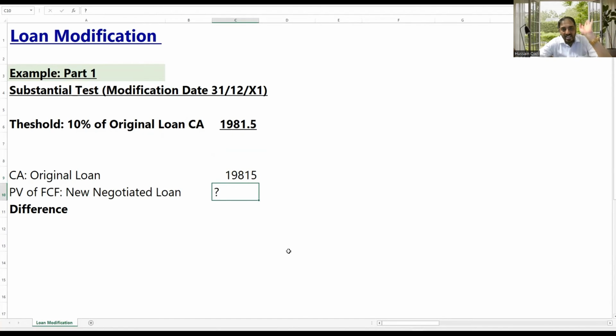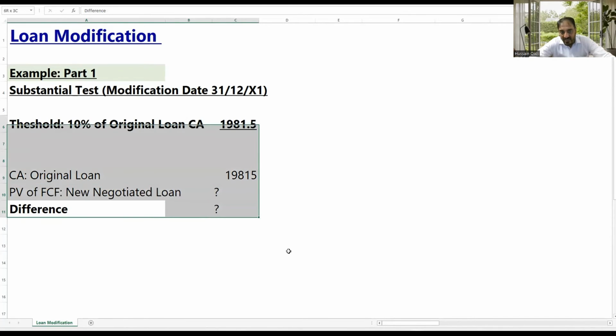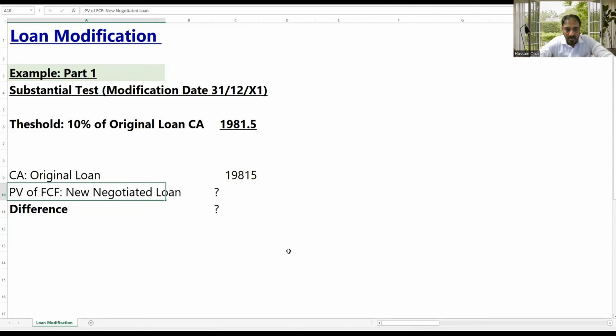So whatever difference we identify here, we need to compare with this 1981.5. If the difference is equal or greater than this, that's called extinguishment. We will apply extinguishment accounting, otherwise modification accounting.